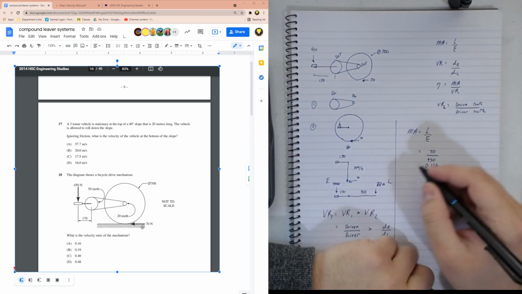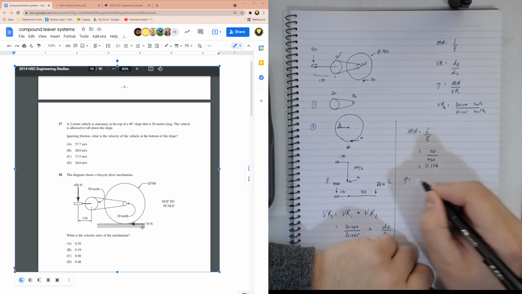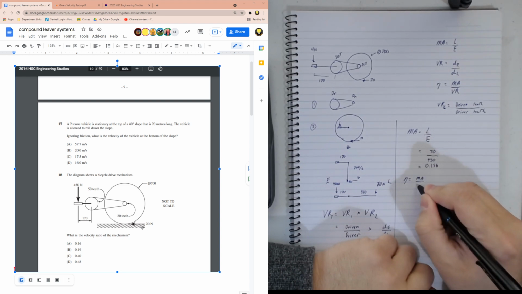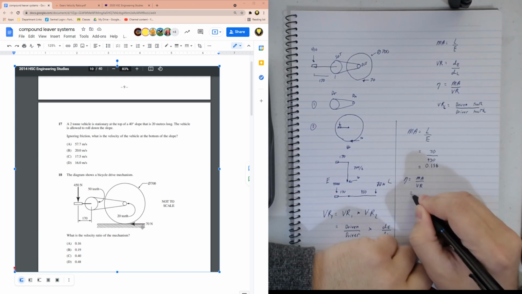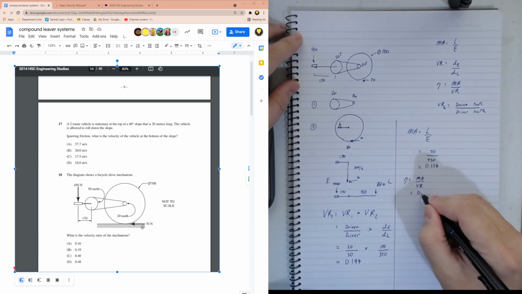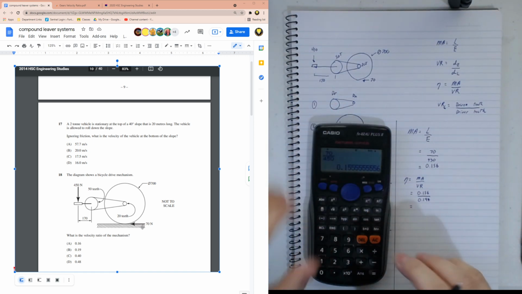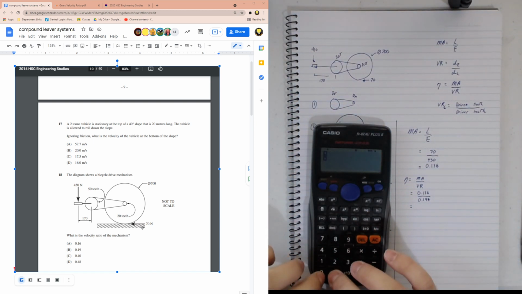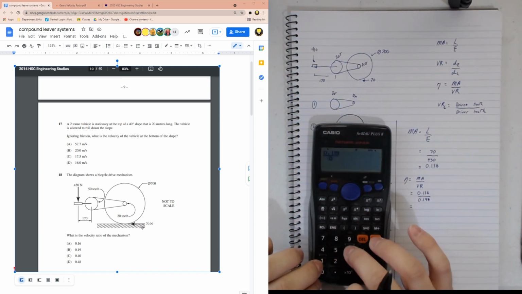Now we can find our efficiency, because efficiency equals MA over VR. So that's 0.156 over 0.194.